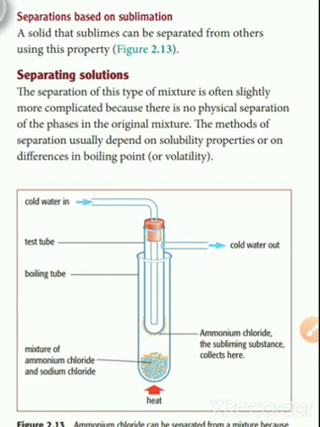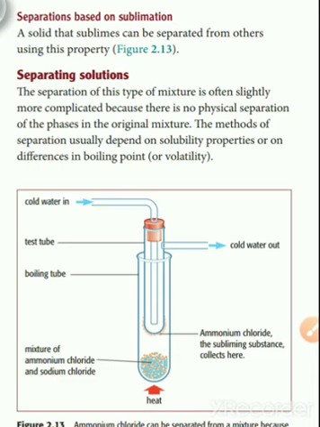The next point is separating solutions. The separation of this type of mixture is often slightly more complicated because there is no physical separation. The method depends upon the solubility properties or the differences in boiling point or volatility. Remember that when a solution needs a lower boiling point to boil itself, it is more volatile.